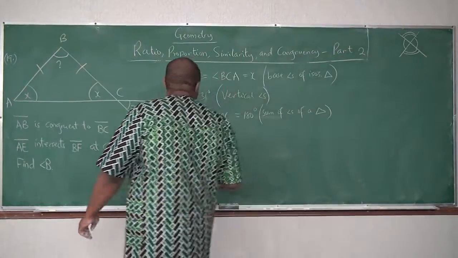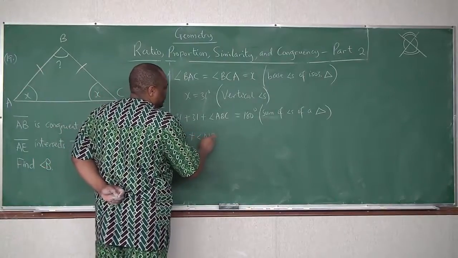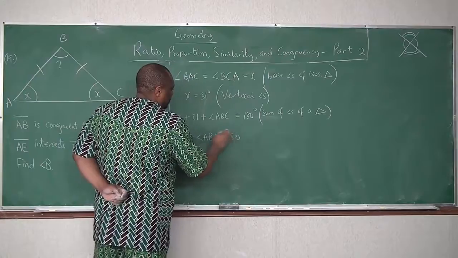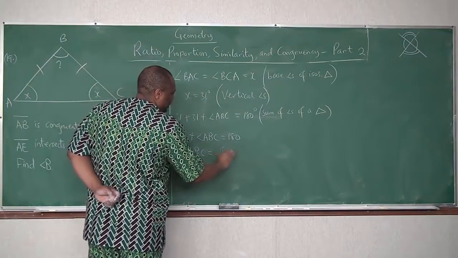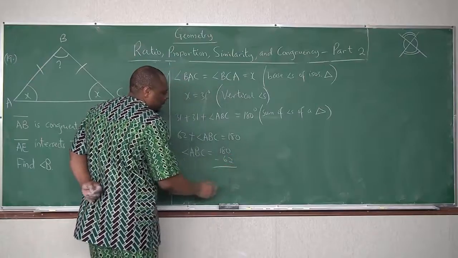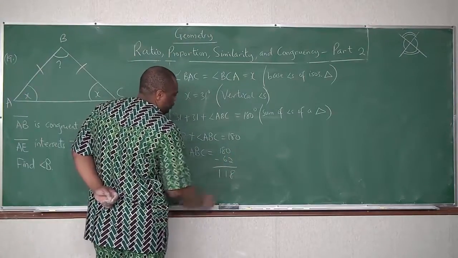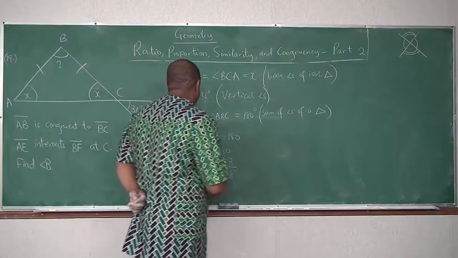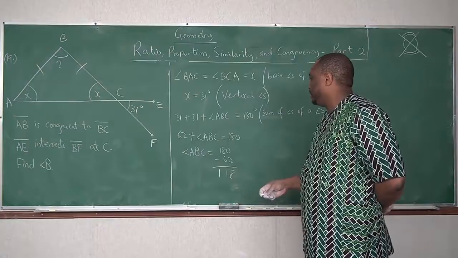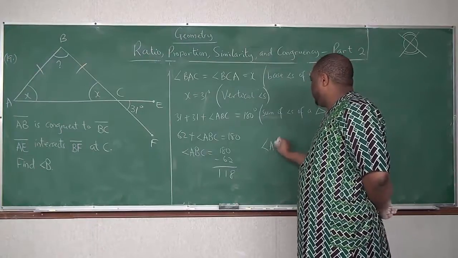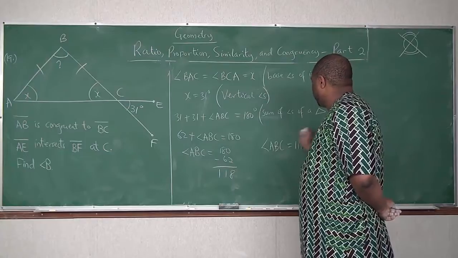So this is 62 plus angle ABC is 180. So angle ABC is 180 minus 62. 10 minus 2 is 8. 7 minus 6 is 1. 118. Okay? So angle ABC is what? 118 degrees. And that's the answer.